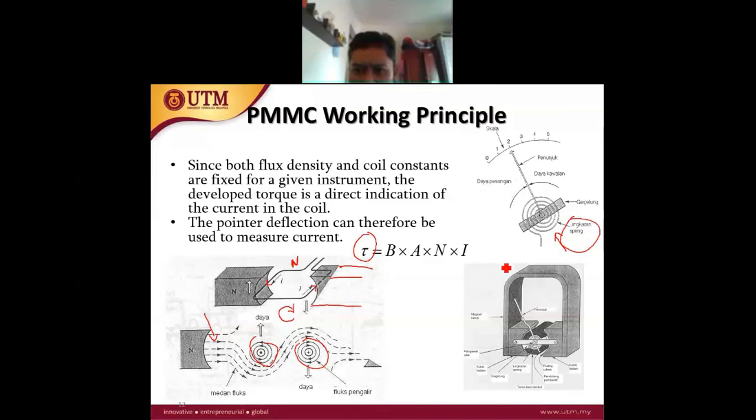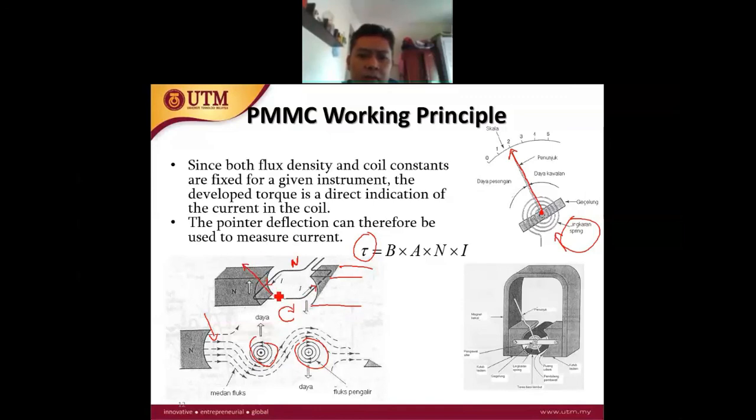When the deflection torque equals the counter torque by the spring, the needle, which is attached somewhere here, will stop.